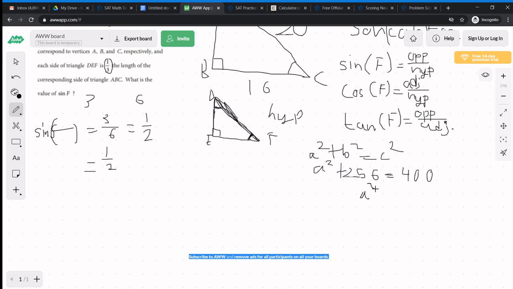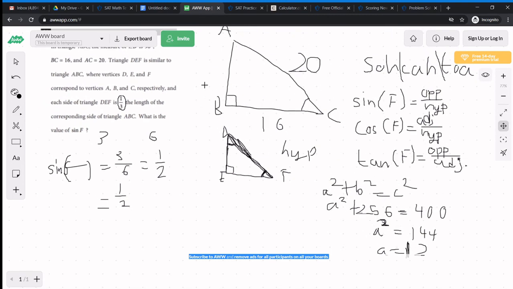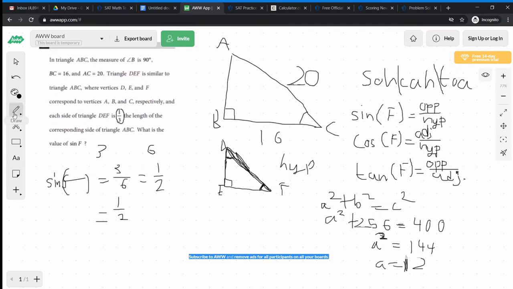Now we're going to do A squared. What the? Am I on the wrong side? No, I am. Okay, A squared equals 144. Now A equals 12. So we get A equals 12 over here.